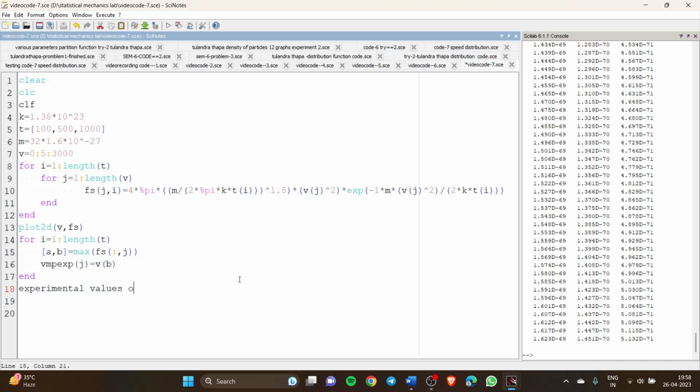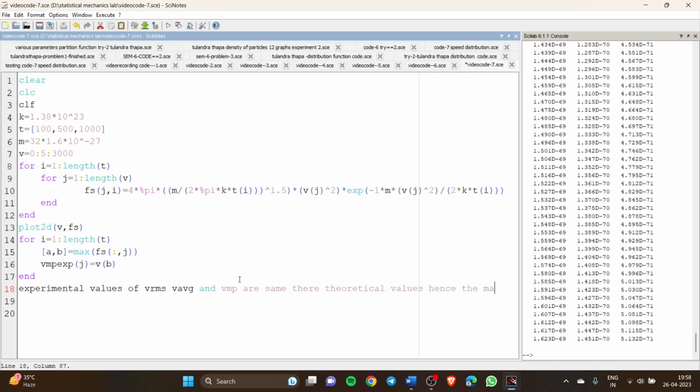Then what we can say is that the experimental values of v rms, v average, and v most probable are coming out to be the same as their theoretical values.